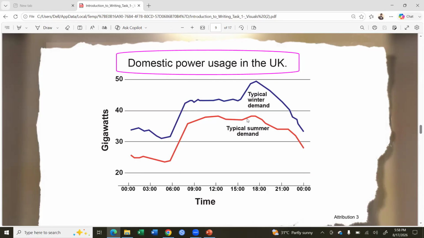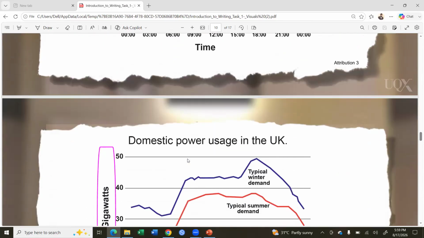Then we have two types of demands. Typical winter demand and typical summer demand. The summer demand is shown through the reddish line, right? And the winter demand is shown through the blue line.